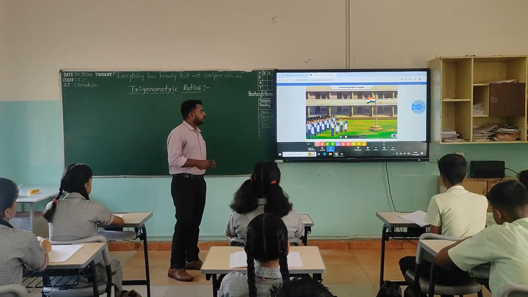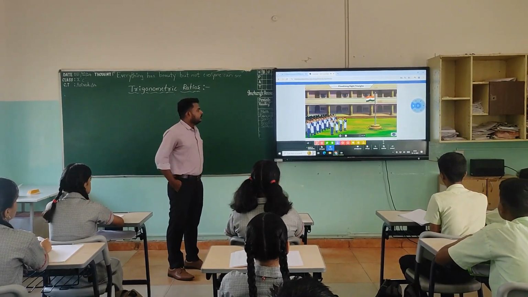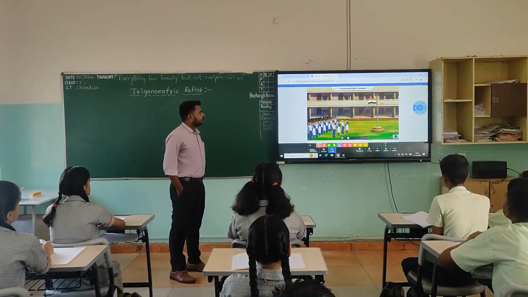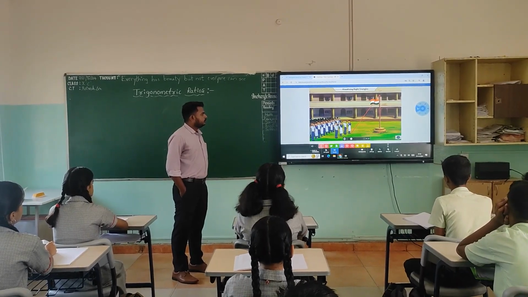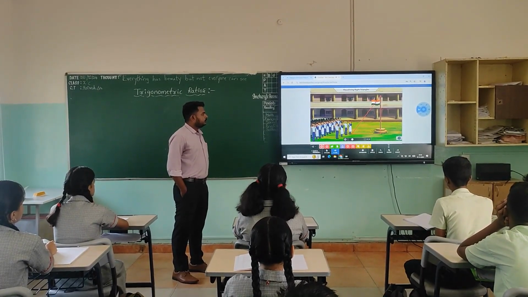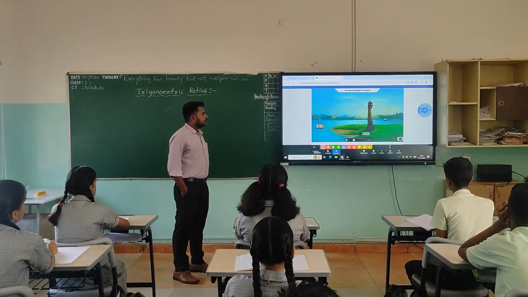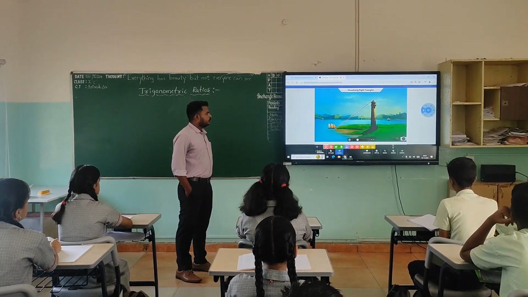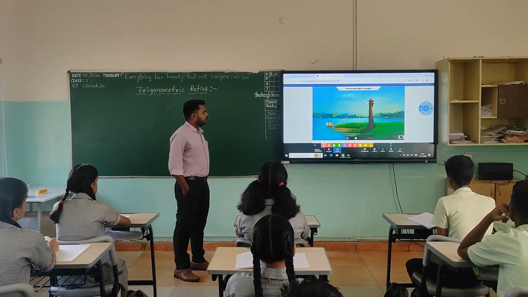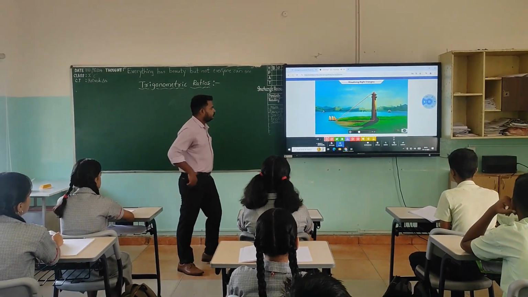Look closely. A right triangle is formed between the students saluting the flag, the top of the flagpole and the base of the flagpole. Here's another right triangle formed between the boat, the top of the lighthouse and the base of the lighthouse.